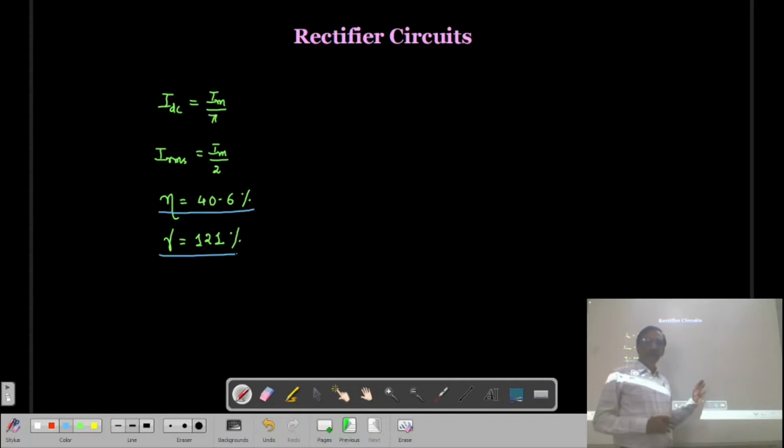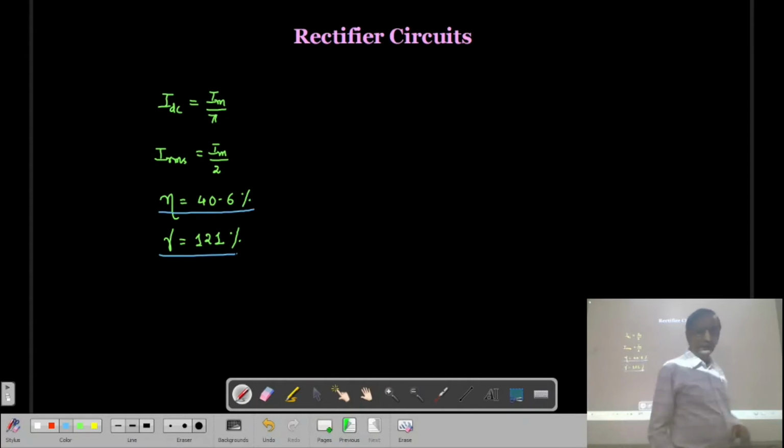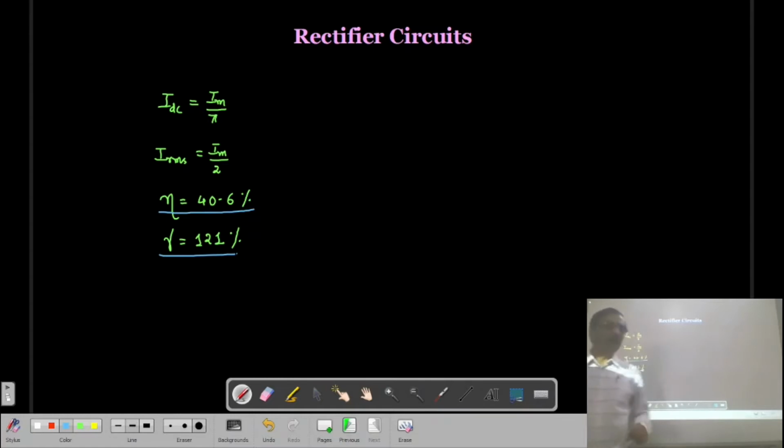So basically this is not providing proper DC power. These are the two major disadvantages of the half wave rectifier. We can improve the efficiency and the ripple factor in the case of the full wave rectifier. So now let us see what the full wave rectifier is.